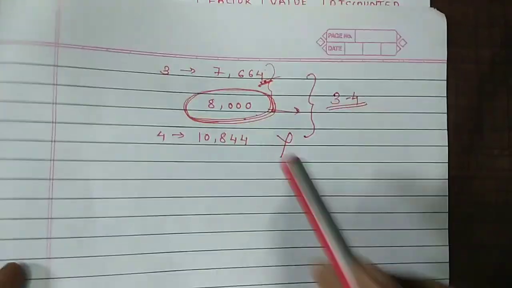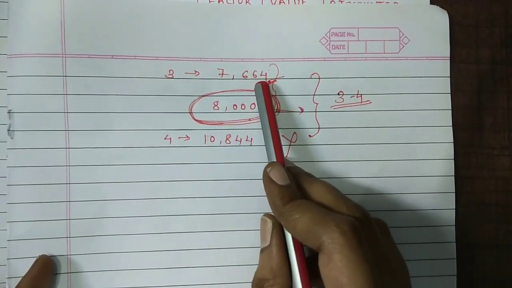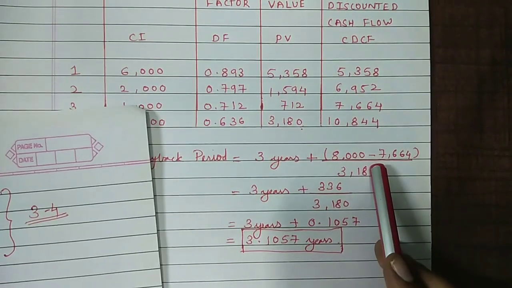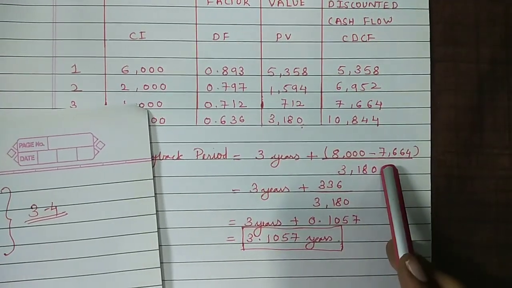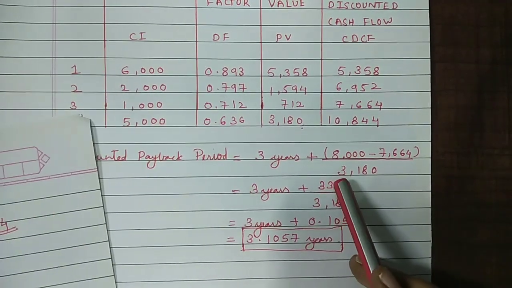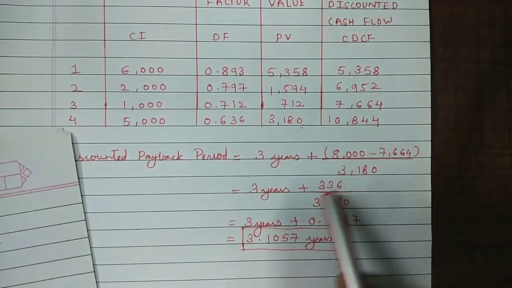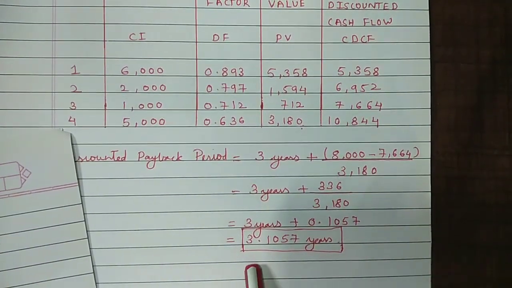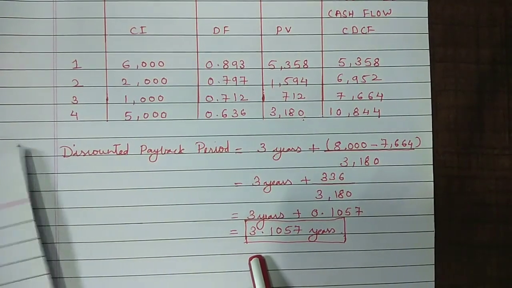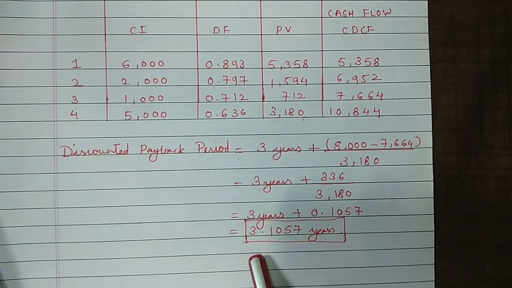Then we require 8,000 rupees, and until the end of the third year we recover 7,664. So we subtracted 8,000 minus 7,664, divided by the present value of next year, that is 3,180, and we got the discounted payback period of 3.1057 years. I hope this is clear to you guys.